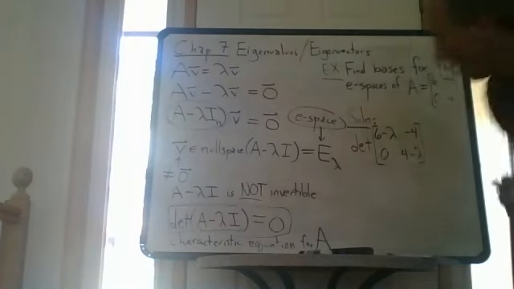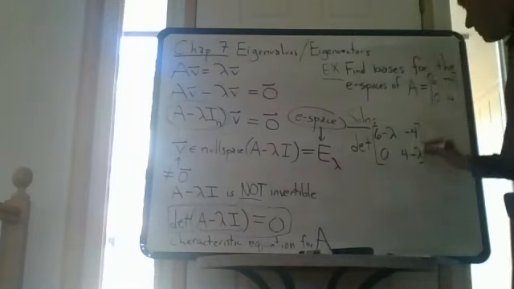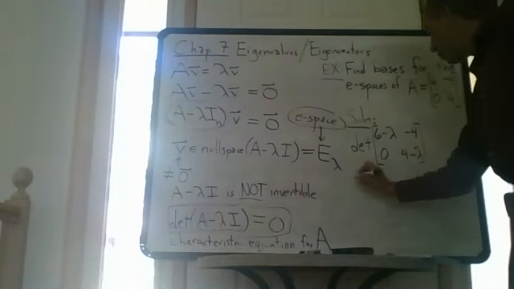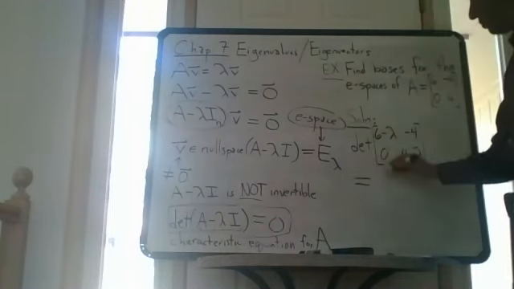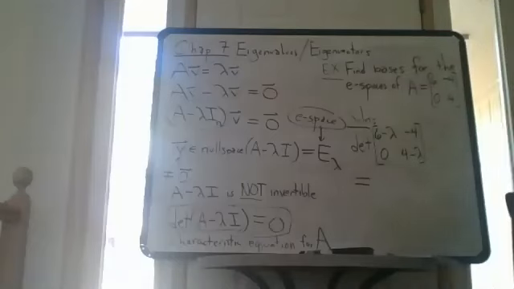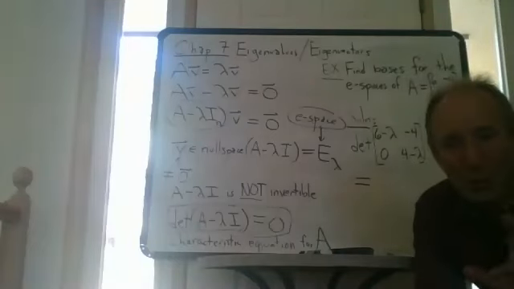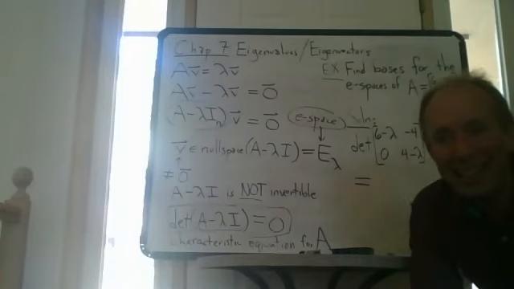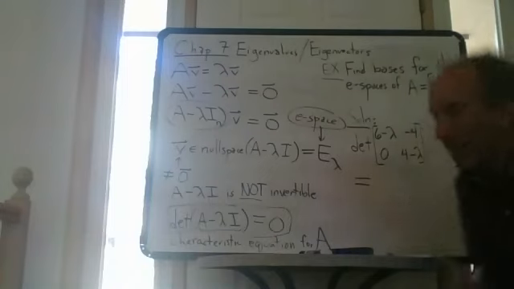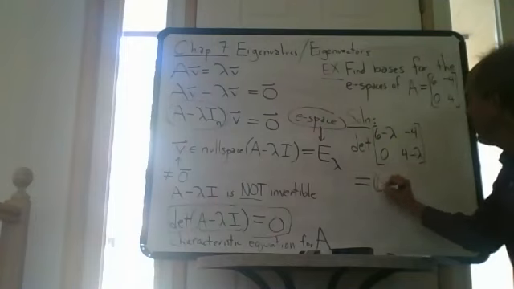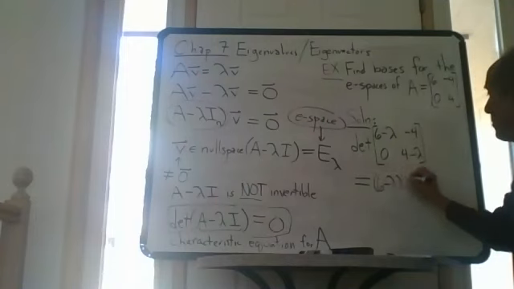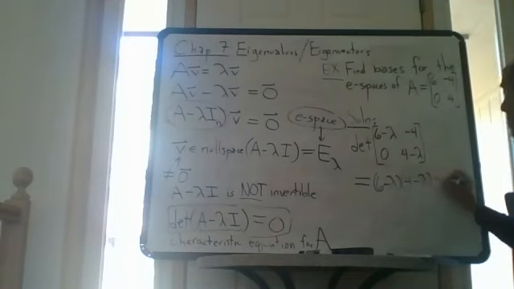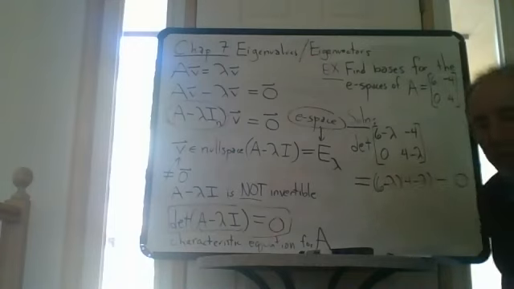Now, this is just a little 2 by 2 determinant, so I can use my 2 by 2 determinant formula, ad minus bc, that we learned back in the determinant chapter 3. So this is just going to be (6 minus lambda) times (4 minus lambda) minus nothing, because there's a 0 there in the lower left corner.